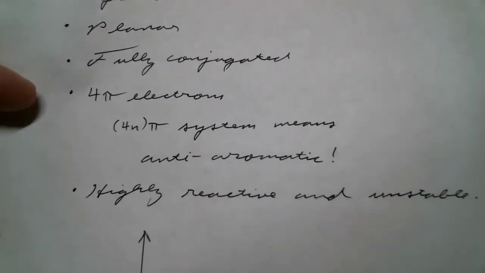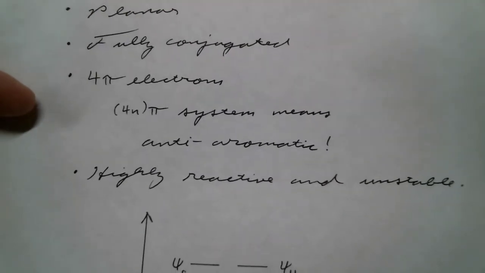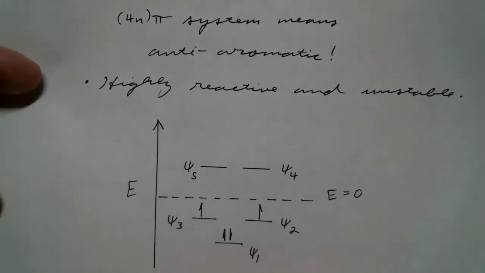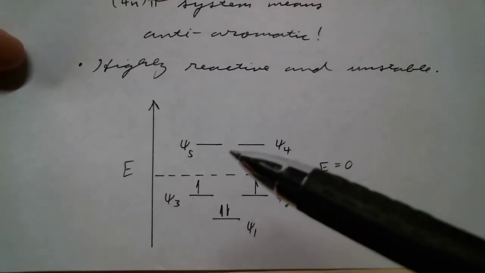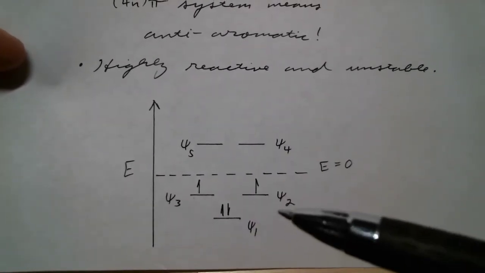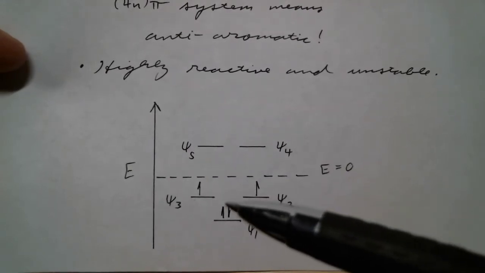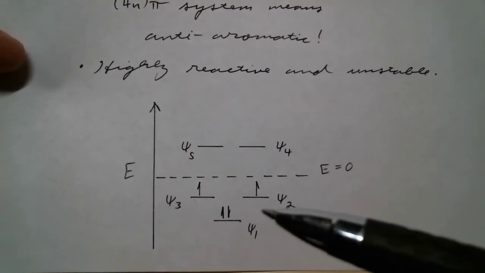That means it's highly reactive and unstable, and it's actually difficult to generate. For that reason, if we looked at its molecular orbital diagram, again, we'd do a Frost diagram, and we would see, oh, it behaves like a diradical, right?